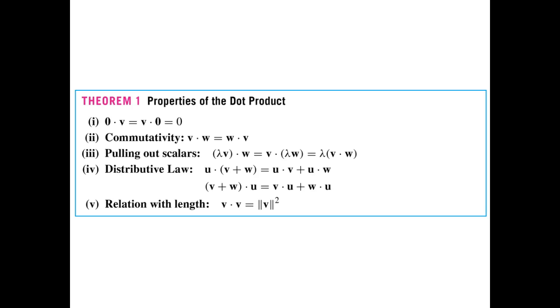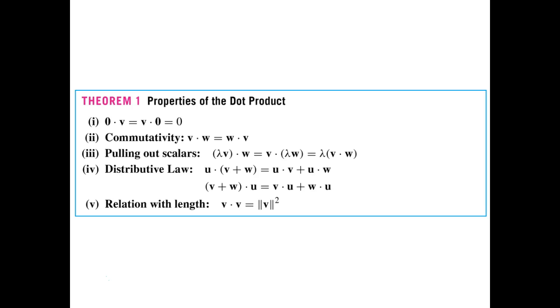And if you do it the other way, W dot V is W1 times V1 plus W2 times V2 plus W3 times V3. And guess what? Because the V's and the W's are commutative, it doesn't matter. Those components are just numbers, so it doesn't matter the order. You're adding those products together, you get the same result.